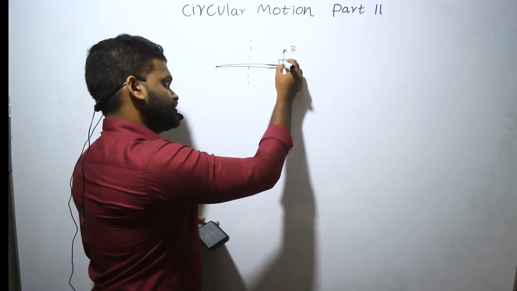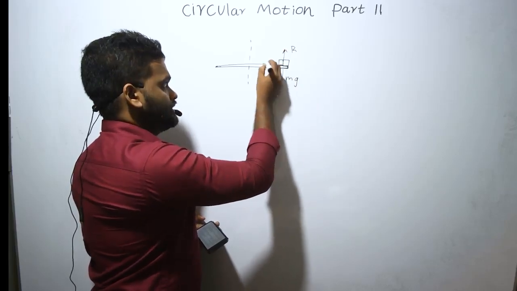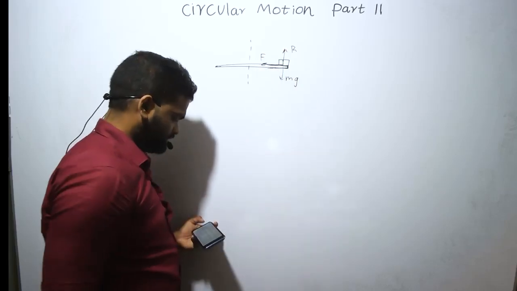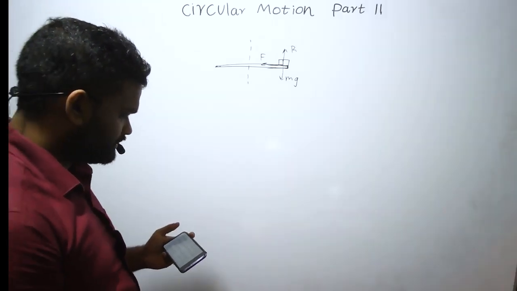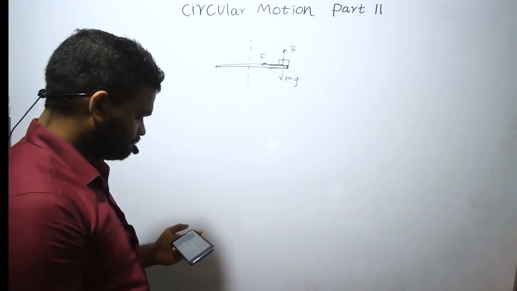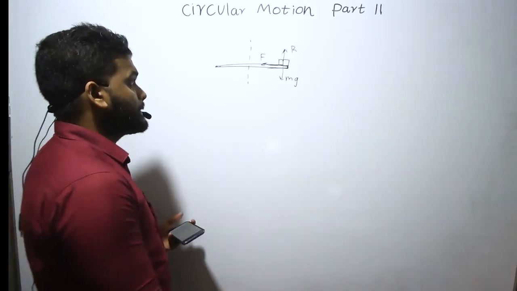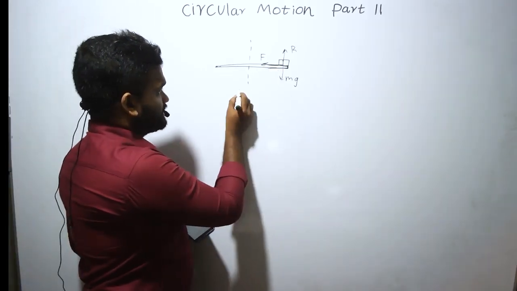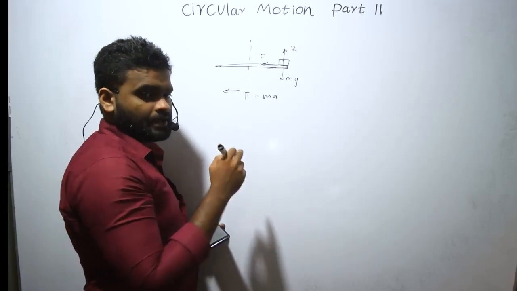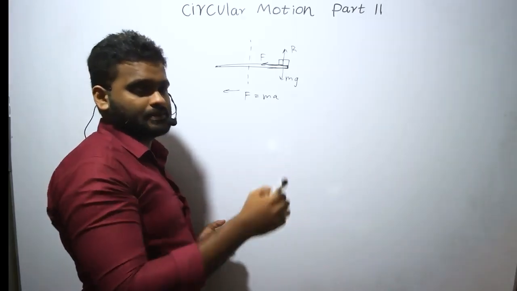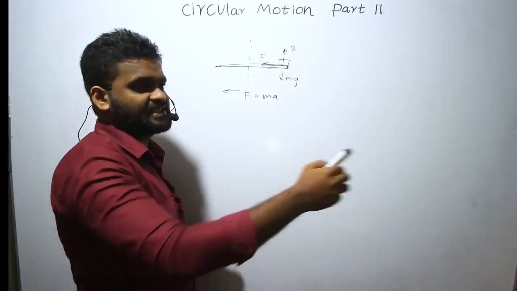Okay, normal reaction, mg, then you have the friction, F. So in this case as well, just apply F equals ma towards the center. They say just it starts to slip. What does it mean?